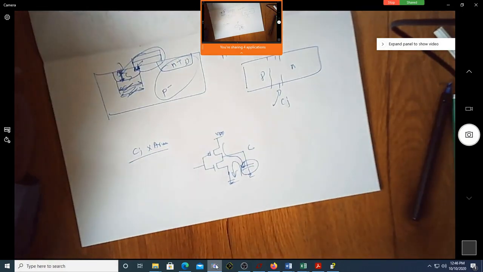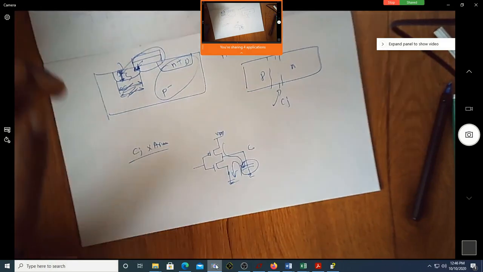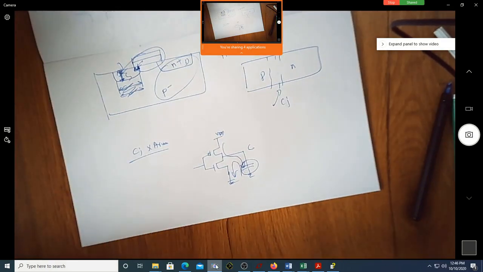When we did the simulation using Microwind, did we actually put any capacitor there exclusively, lumped capacitance? No, sir. We didn't put one, but still it was taking some time to charge and discharge. Let us see where that capacitance comes from.